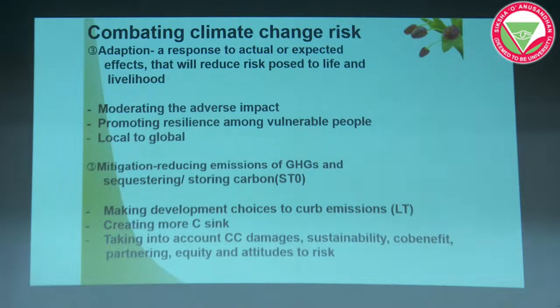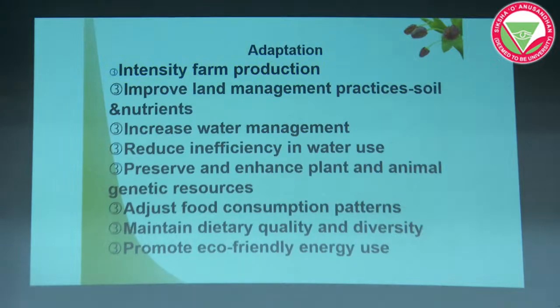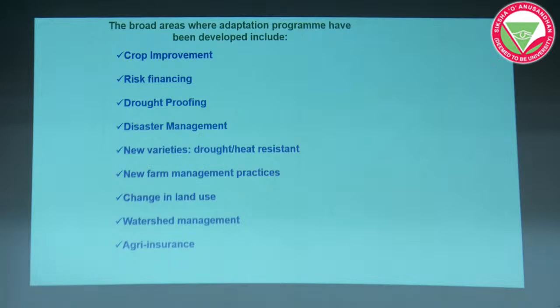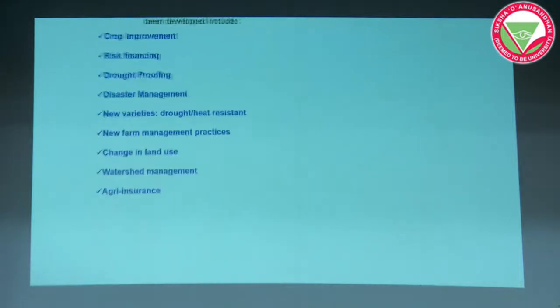I have just mentioned it here. These are some adaptations: crop improvement, risk financing, drought proofing, disaster management, new varieties, new farm management, change in land use, watershed management, and agri insurance.